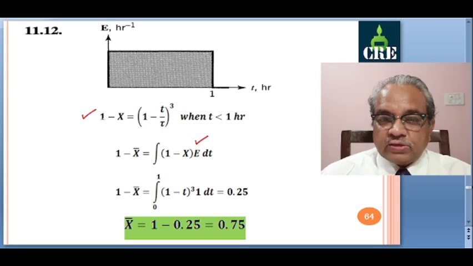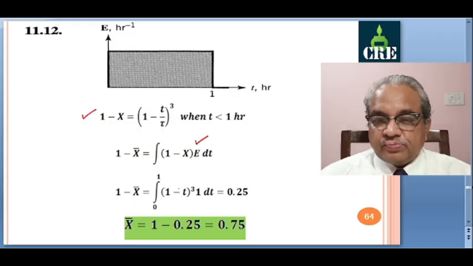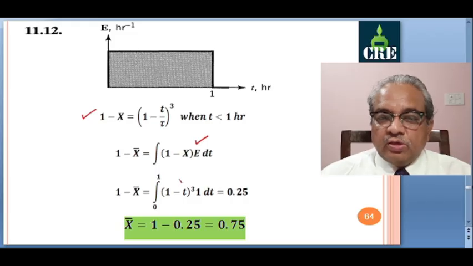Now this 1 minus x is given as 1 minus t by tau in terms of this dimensionless variable. Tau is 1. So this is simply (1 minus t) whole cube. E is 1, and the area should be 1.